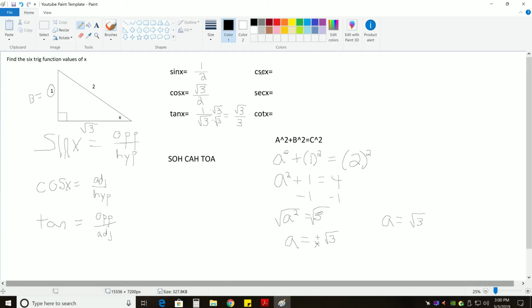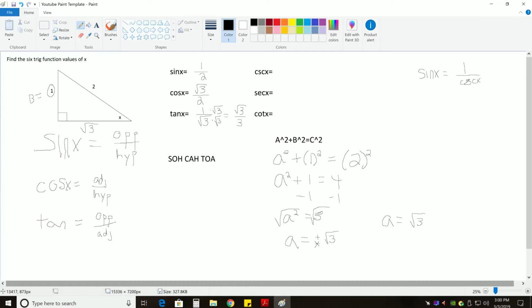Now to find cosecant x, secant x, and cotangent x, we don't have to go through memorizing those ones. The nice thing is that sine of x is the reciprocal of cosecant x, and vice versa. So if you have sine of x, you can quickly find cosecant of x by just taking the reciprocal of it.